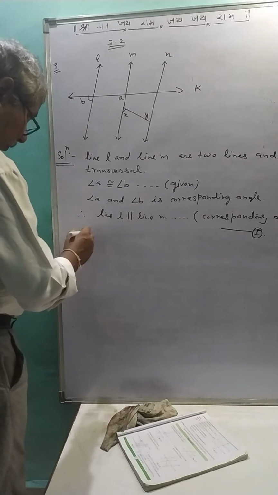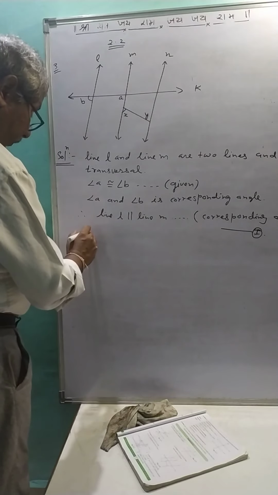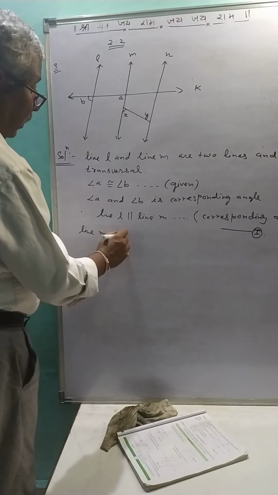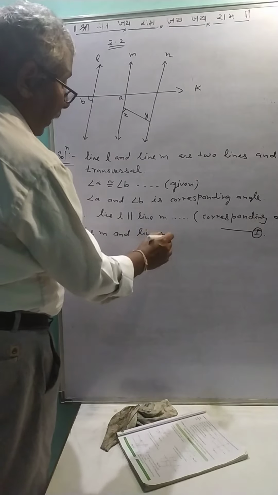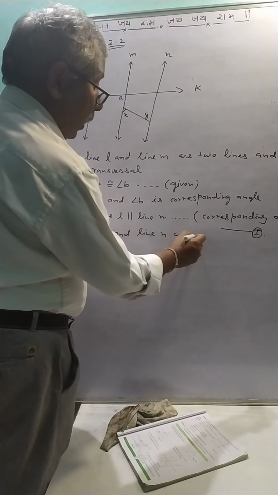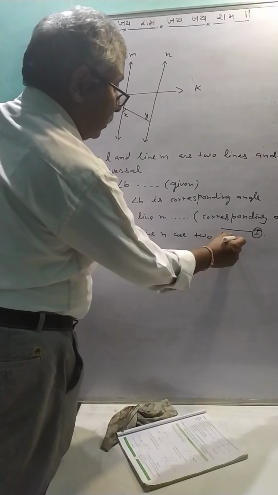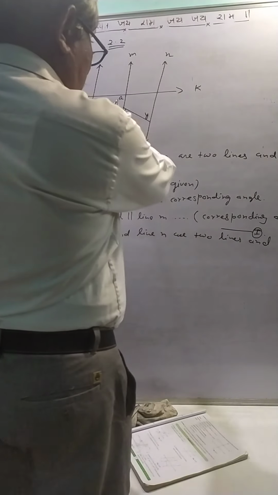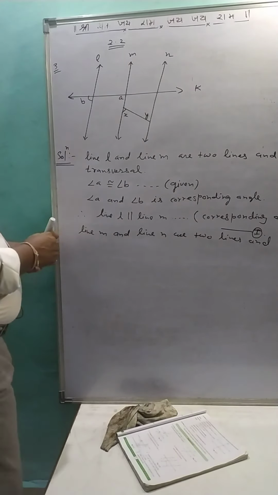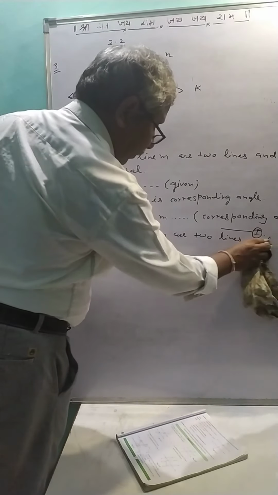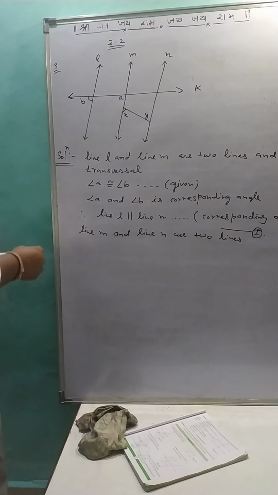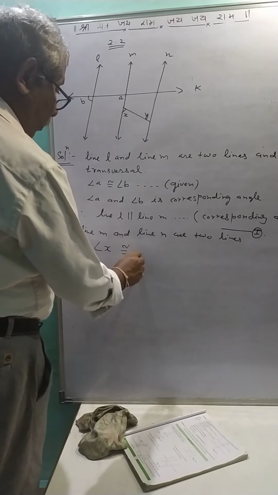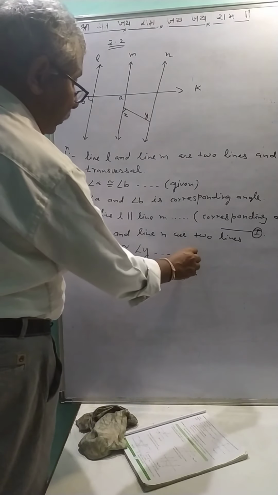Now line M and line N are two lines, and angle X is congruent to angle Y. This is the given.